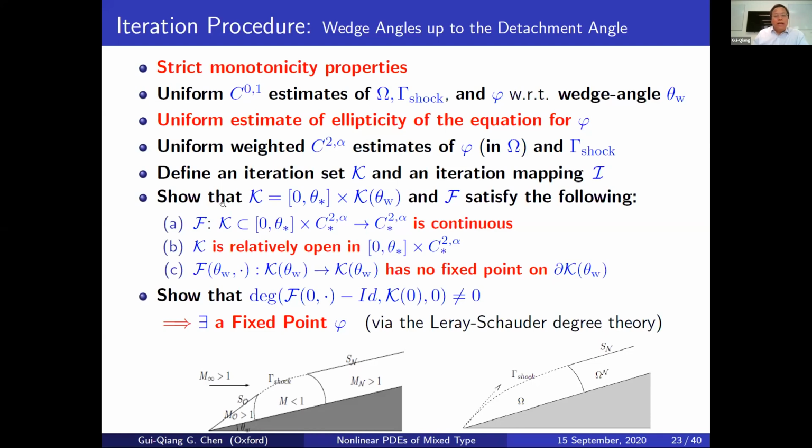Then, because we change the angle from a small angle through the sonic angle to the detachment angle, we need to first make sure of the C0,1 estimate, because we want to keep ellipticity inside all the time.